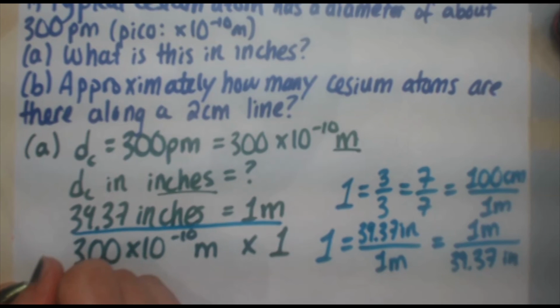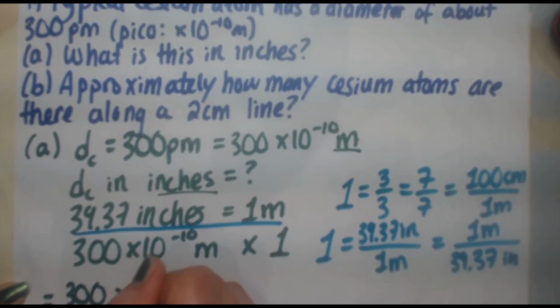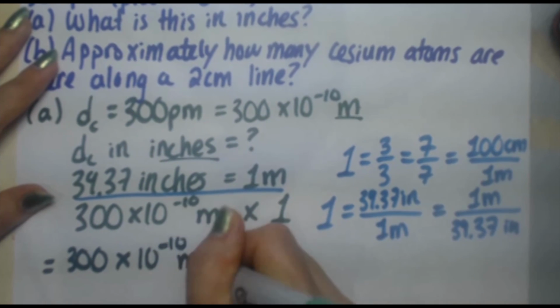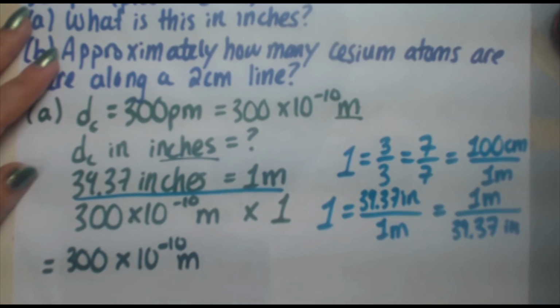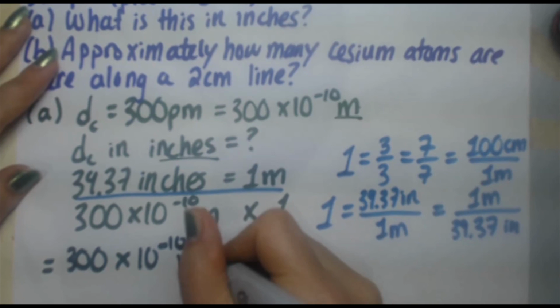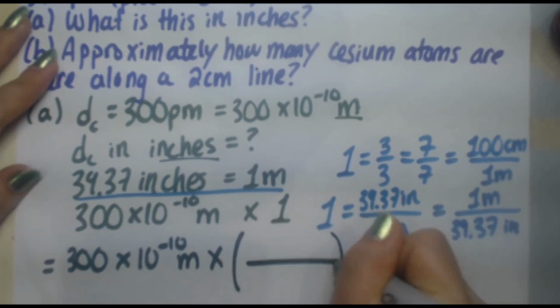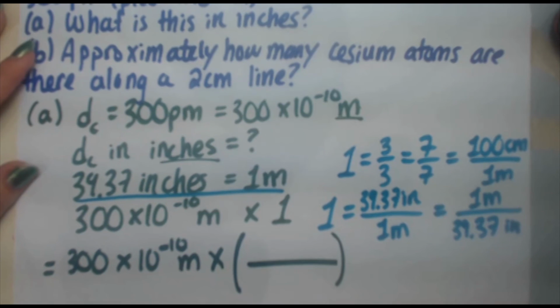Okay, 300 times 10 to the minus 10 meters. Do not drop that unit. It's very important that you keep it. Now you replace the times 1 with a big bracket and you draw a line down the middle. It's pretty much an empty fraction that you're going to fill out in a second. Now this is where you have to question yourself. You have meters here. You're trying to get rid of meters.